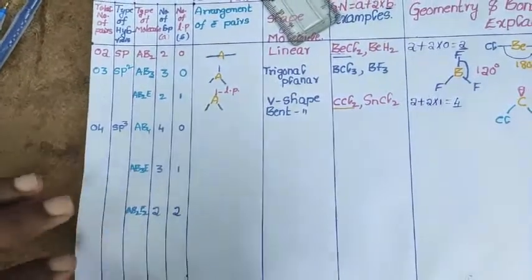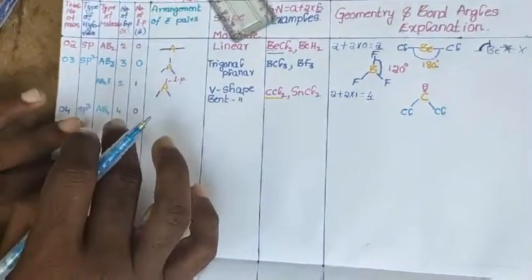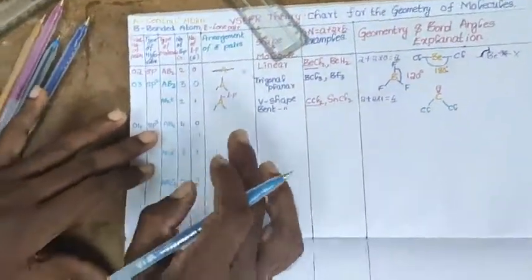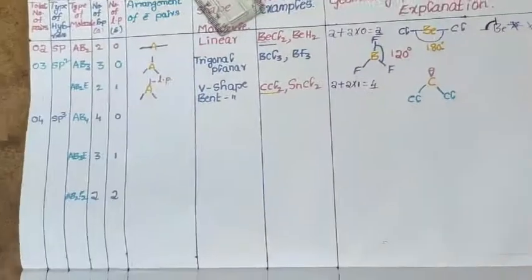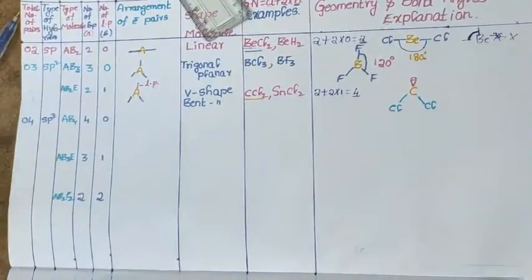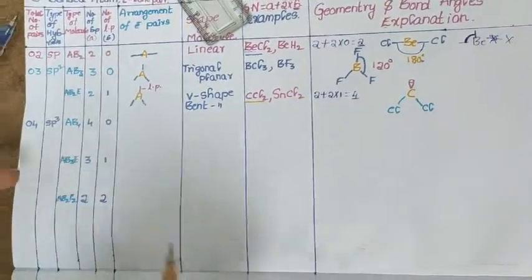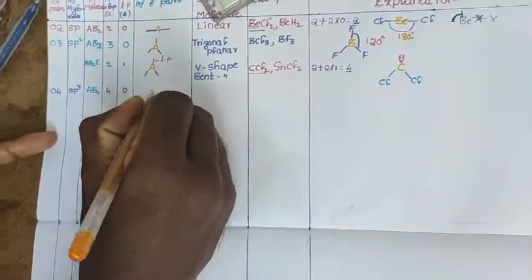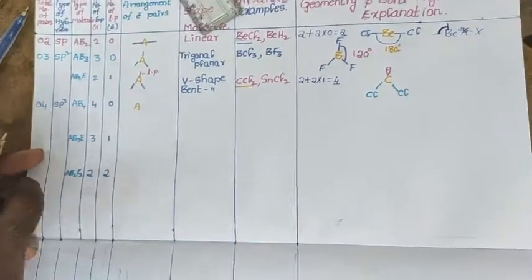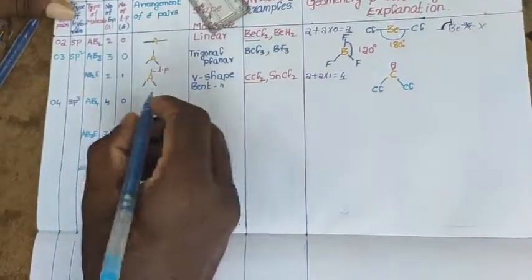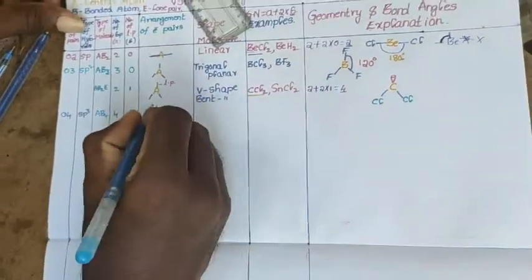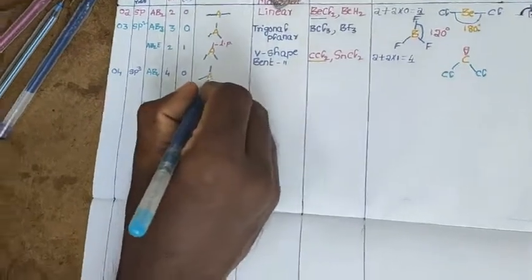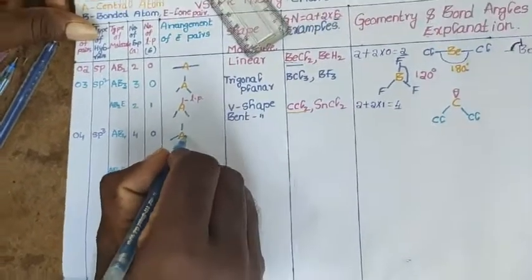Okay students, the first possibility is 4 bond pairs, 0 lone pairs. The 4 bond pairs are arranged around the central atom. I will write A as the central atom, with 4 bond pairs 1, 2, 3 and 4.